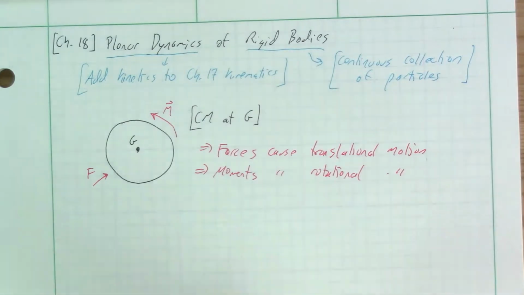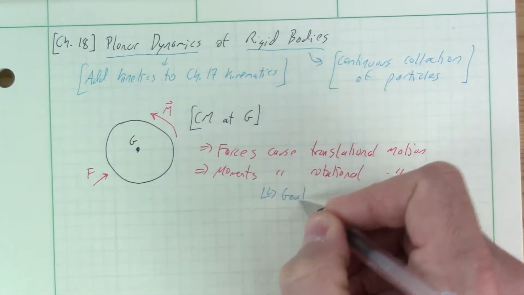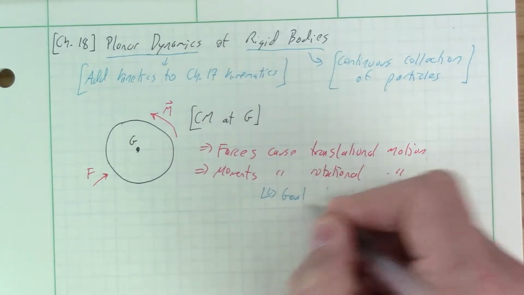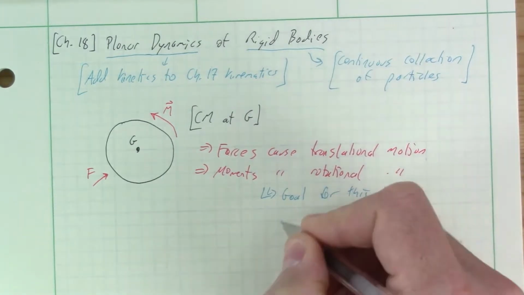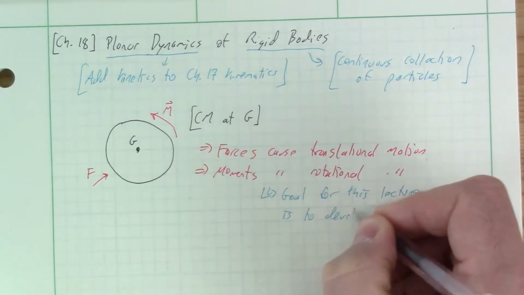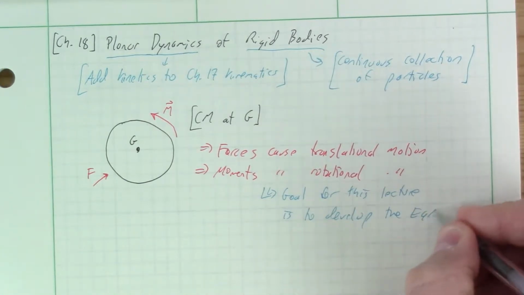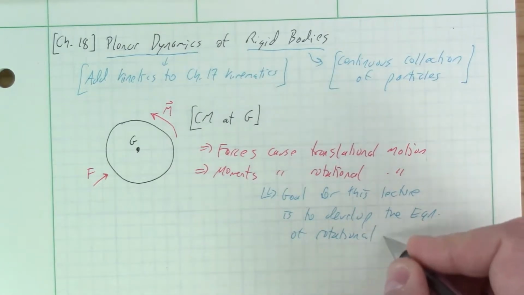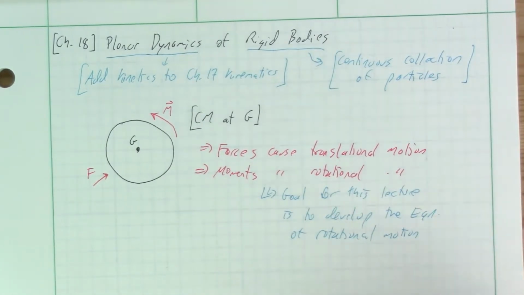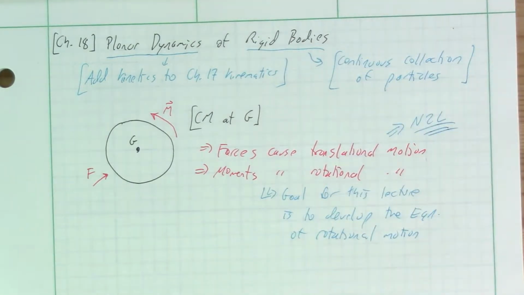Our goal for this lecture today is to develop the equation of rotational motion that is basically the rotational version of Newton's second law. This is Newton's second law here. Well, we're going to write it down in a second.